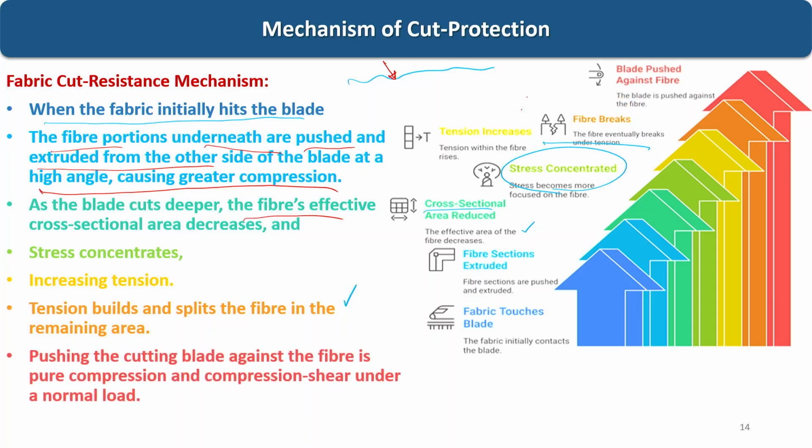And the final stage is pushing the cutting blade against the fiber, which is pure compression and compression shear under the normal load. That means we can cut without any movement. So, the blade is pushed against the fiber.